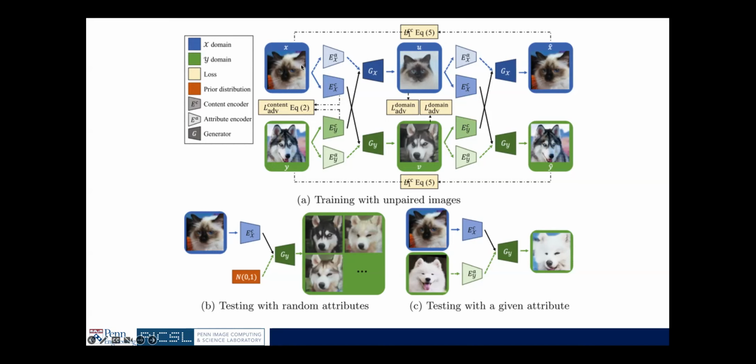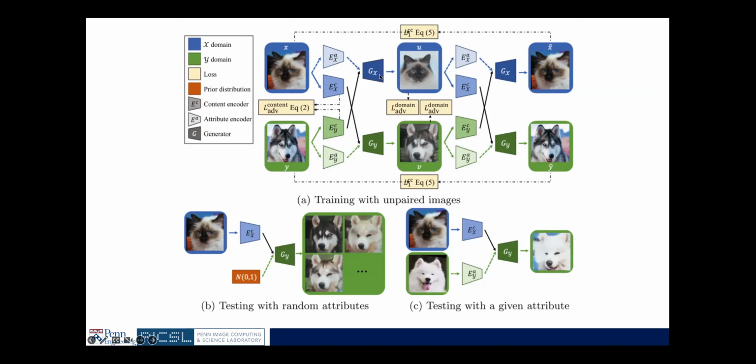The first step is that we have some encoders, a bunch of convolution layers with some special details, and they decompose this image into an appearance block and a content block. Then we do the same thing for this dog image. So we have this encoded representation for content, EC, and encoded representation for appearance.